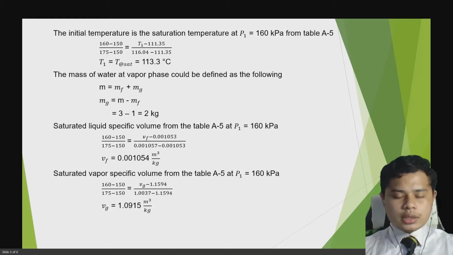Same as before, we use interpolation: (160 minus 150) divided by (175 minus 150) is equal to (the saturated liquid specific volume that we want to find minus 0.001053) divided by (0.001057 minus 0.001053).